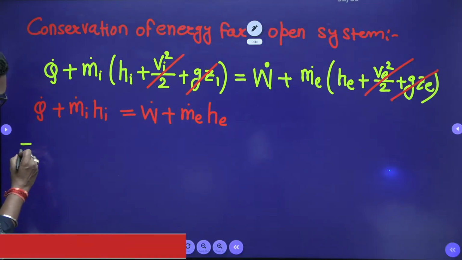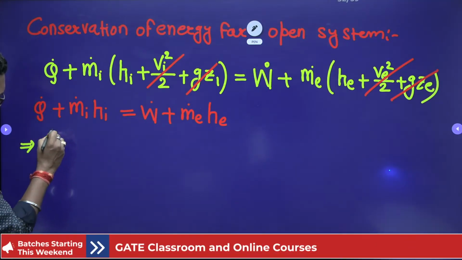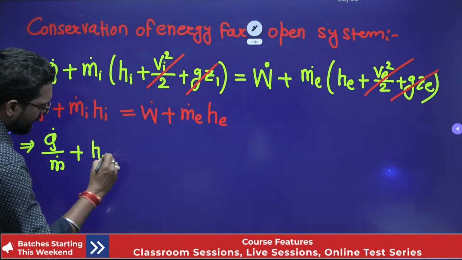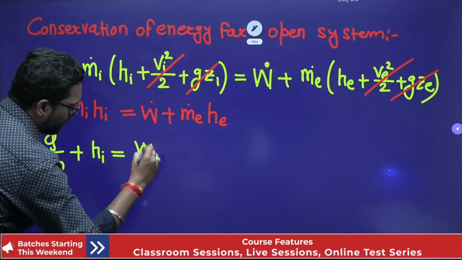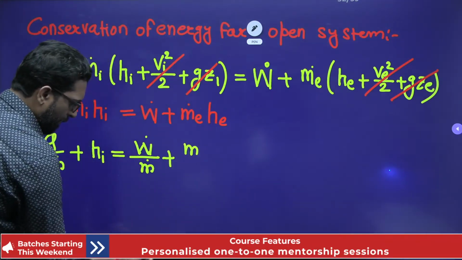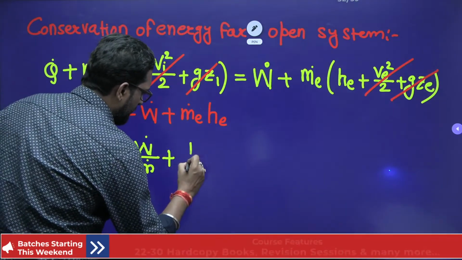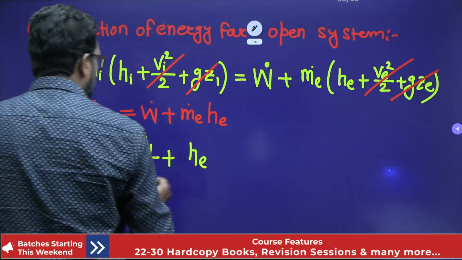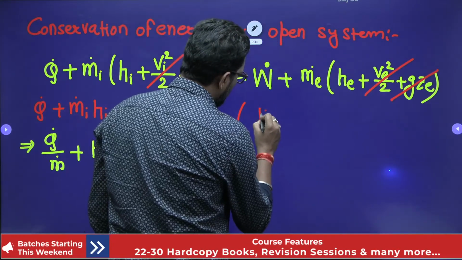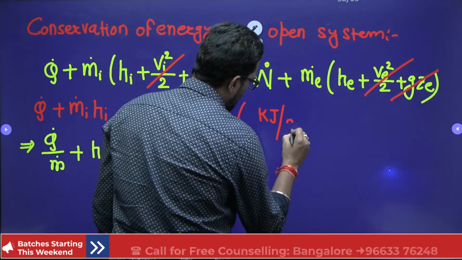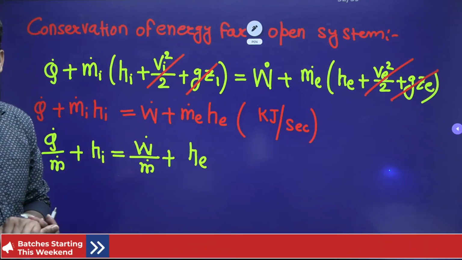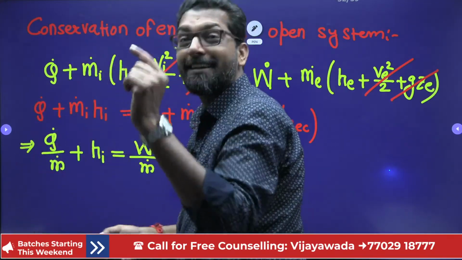Now, if you divide this by m dot, that means Q dot divided by m dot plus hi equals W dot divided by m dot plus he. See the beauty. This energy is in kilojoule per second, and this is kilojoule per kg.